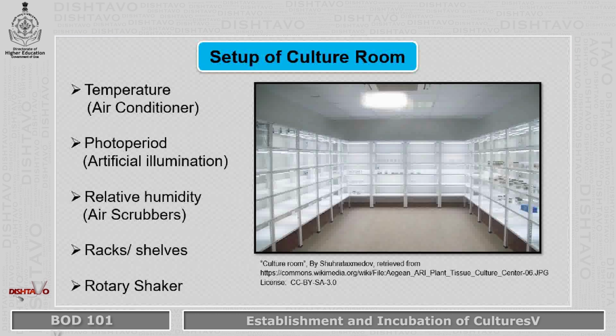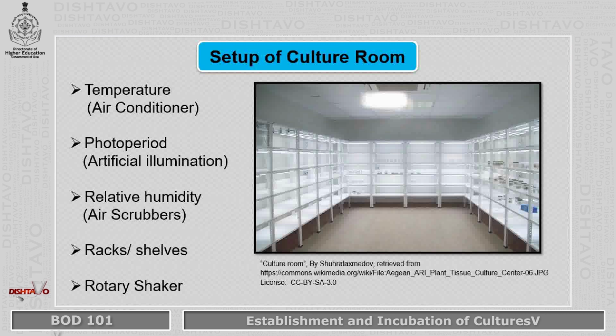In this slide, you can see an image that is the culture room, and you can see on all the three sides there are racks that are kept, and they are painted white in color, and each rack has got a fluorescent tube, and the cultures are kept on these shelves.